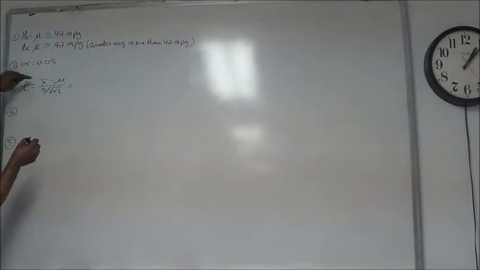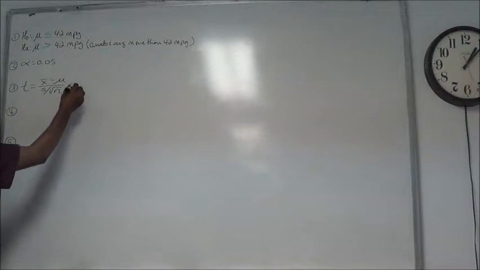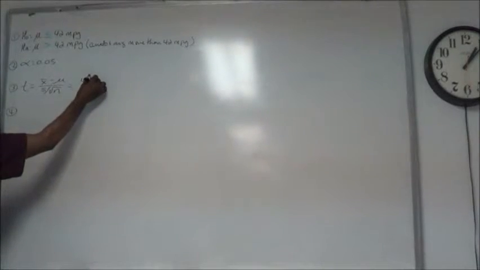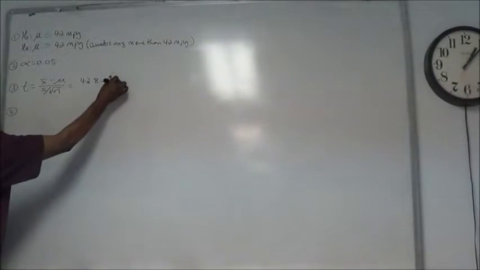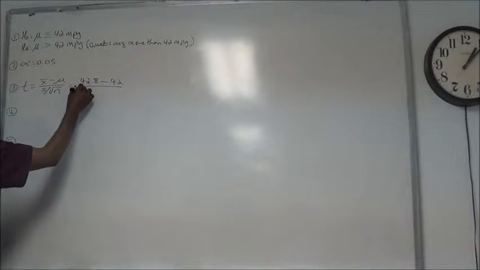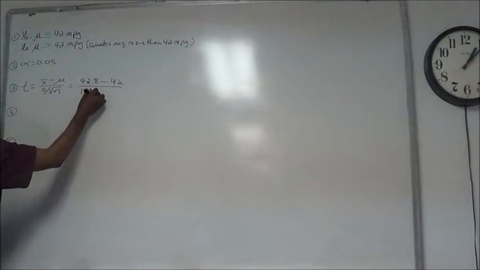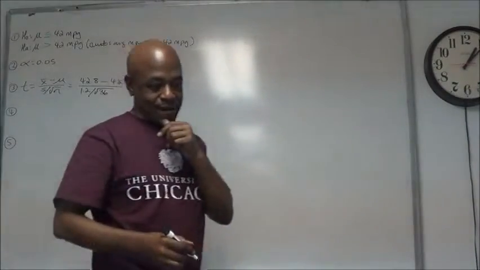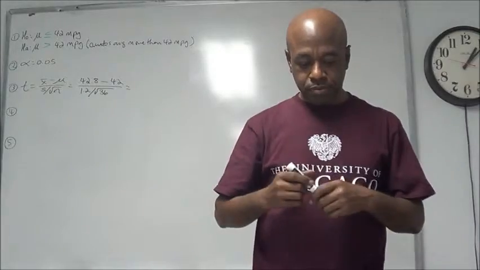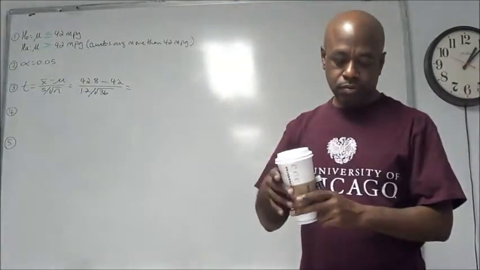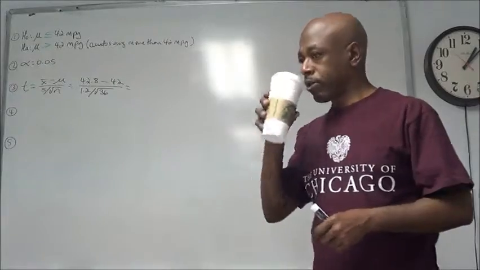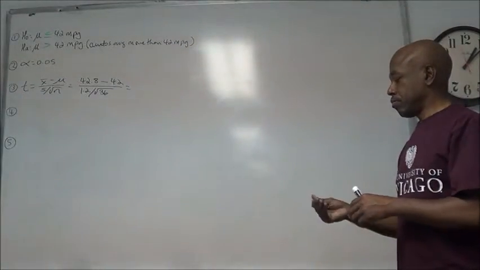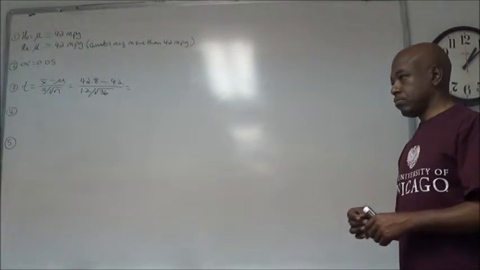What is x bar? 42.8, minus 42, divided by 1.2 over square root of 36. Okay, what is that? Four.